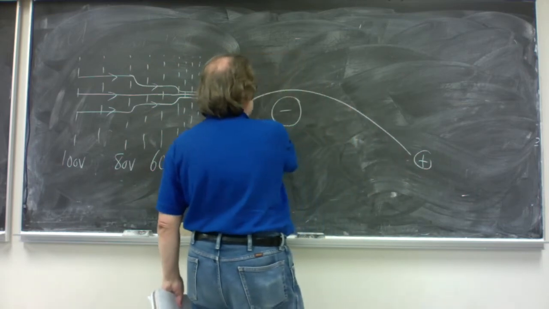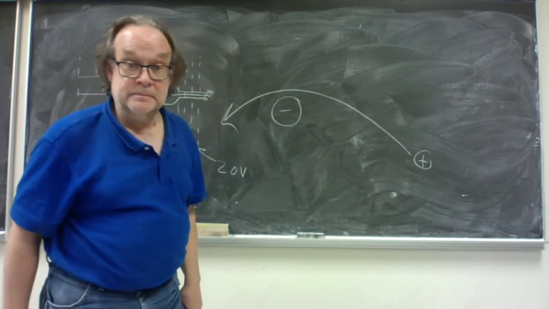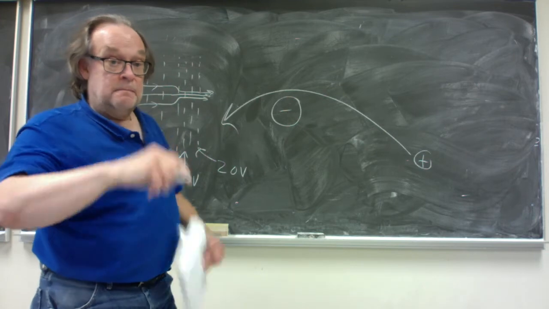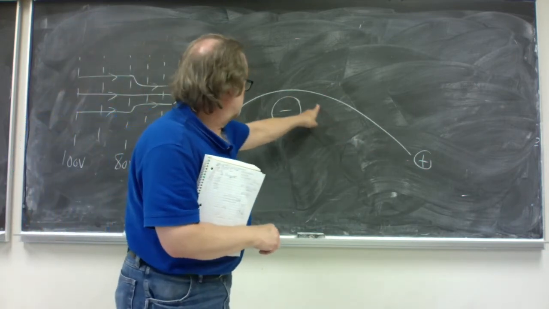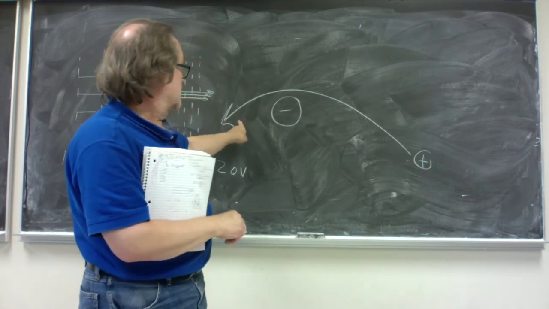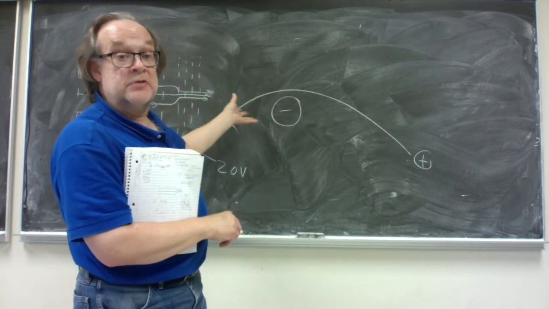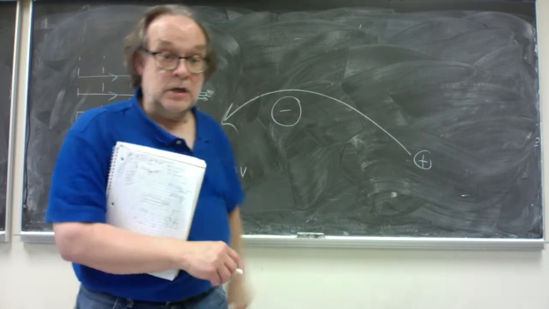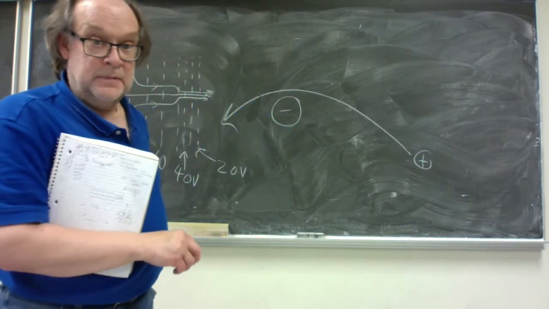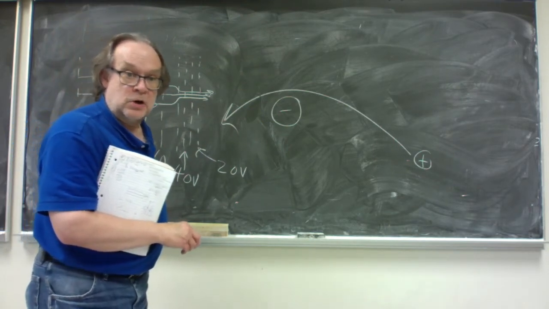Makes some kind of a path like that. Right. It's attracted by this opposite charge, so it comes closer and closer, but it's moving fast enough, it's got enough momentum that it'll still be able to move away from the negatively charged particle.